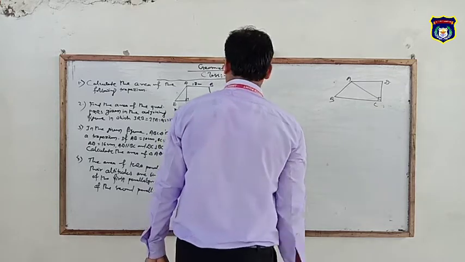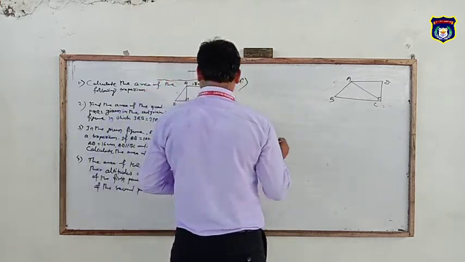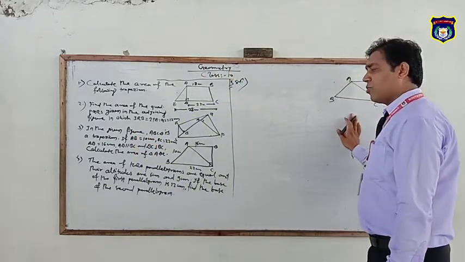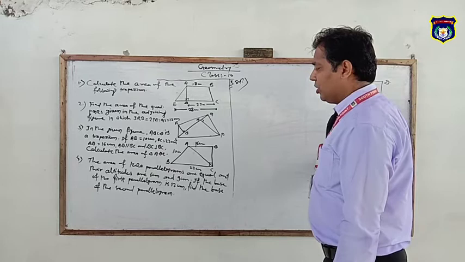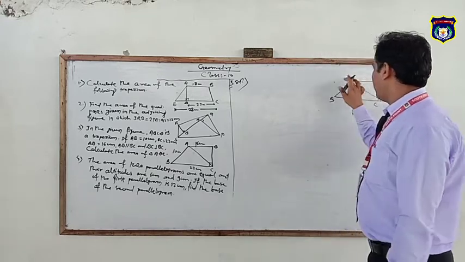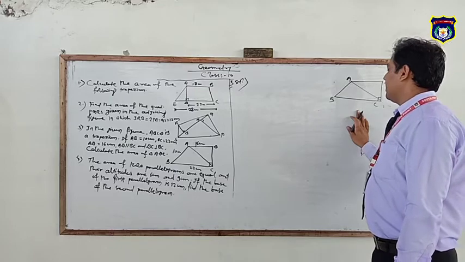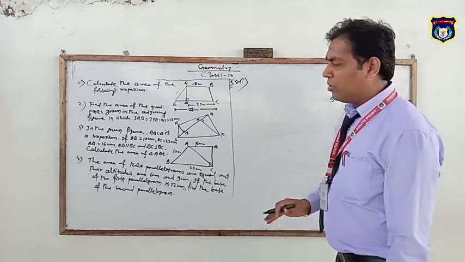This is the given figure in question number 3. In this figure, ABCD is a trapezium. I think you know trapezium means one pair of opposite sides are parallel. So we can write there AD parallel BC.